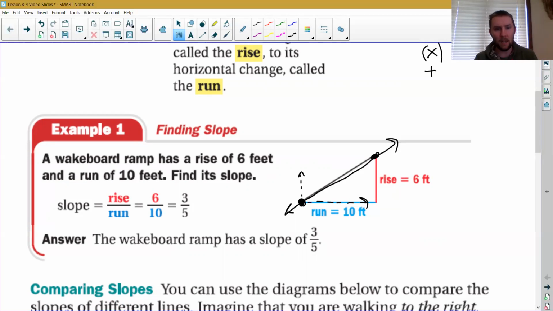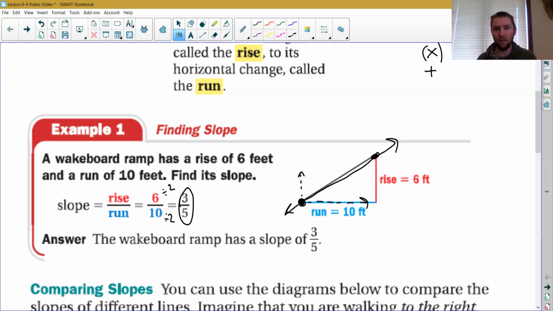And then we reduce that fraction by dividing both of these by 2. And we end up with 3 over 5. So the slope is 3 over 5, or 3/5 as a fraction. And when we are asked to find the slope, I do always want your answer to be a fraction if that's possible, okay?